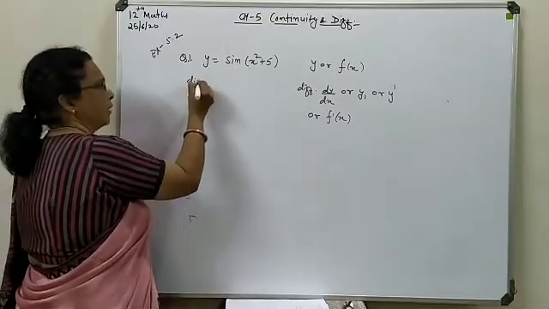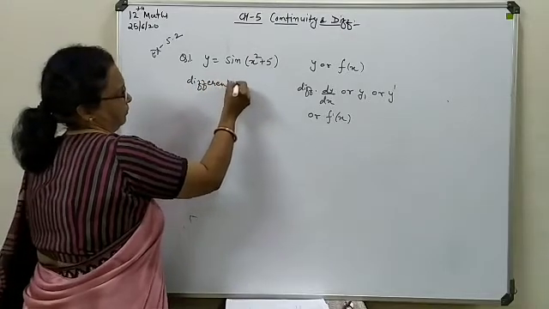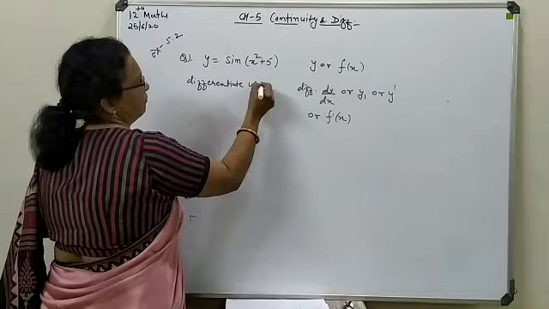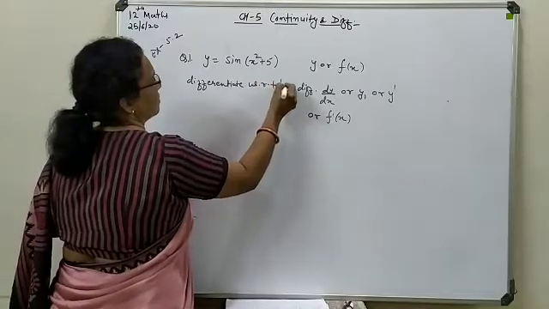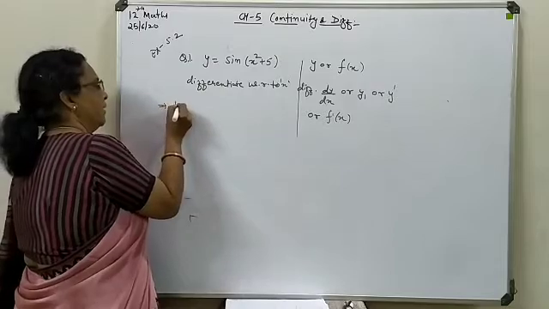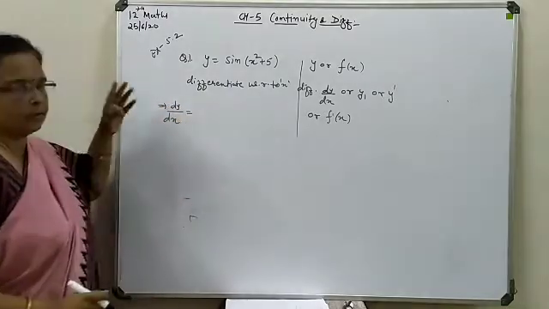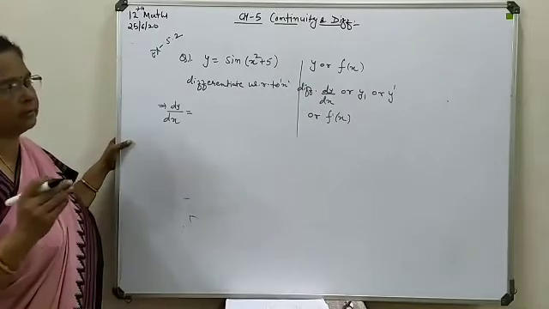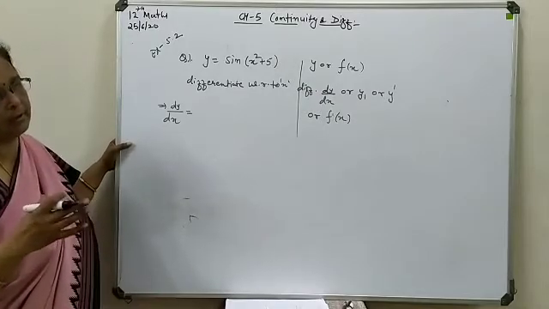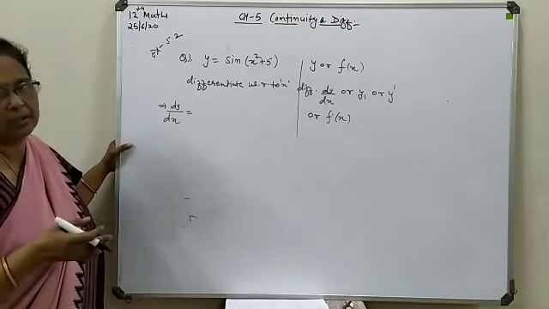So here, differentiate with respect to x. So this will be your dy by dx. As I told you just now, if more than two functions are written in a combined form, you will implement the chain rule.